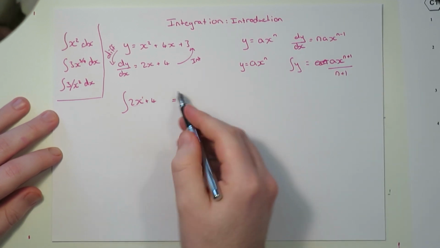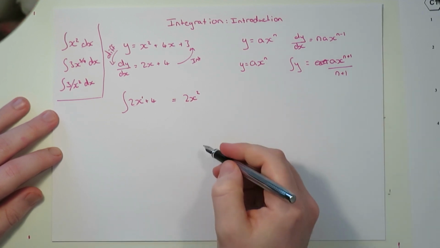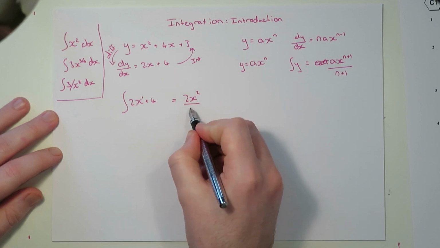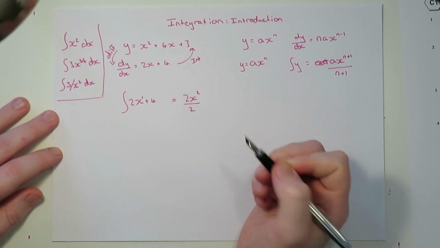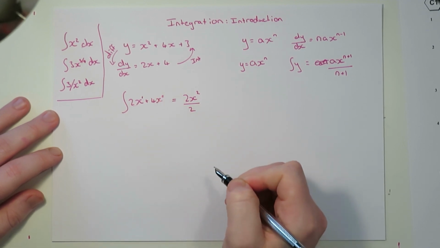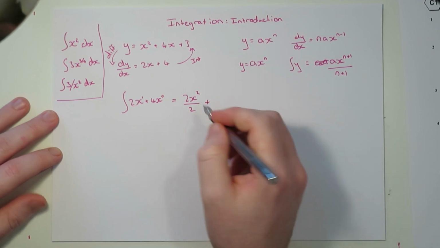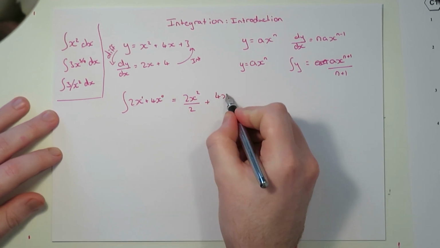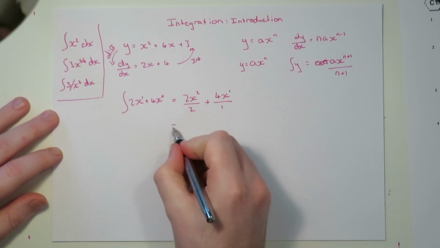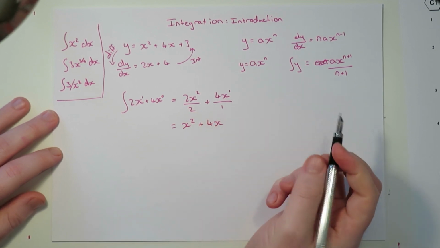So this here will become 2x to the 2, so we increase the power by 1, and then we divide by the new power, just 2. This here is effectively x to the power 0. X to the power of 0, remember, is 1. So what we do there is we increase the power by 1 and we divide by the new power. And then here you can simplify this. You can say that that is x squared plus 4x.